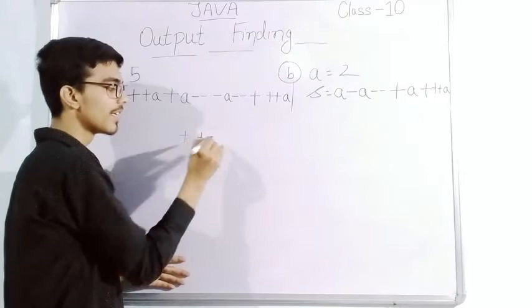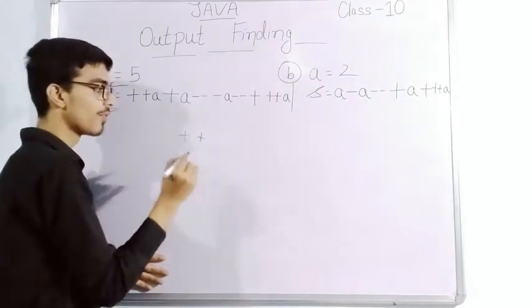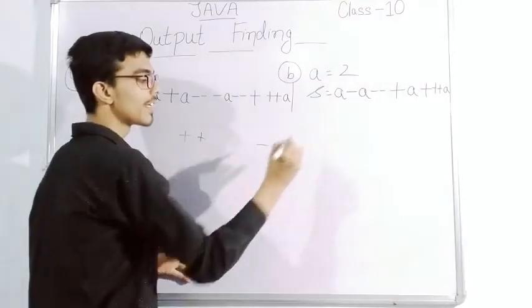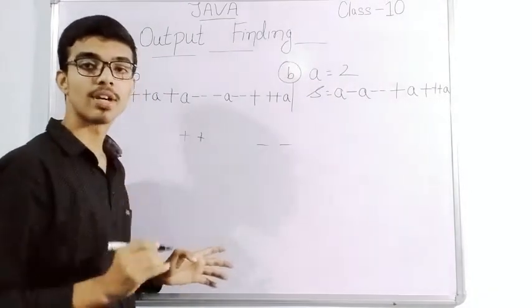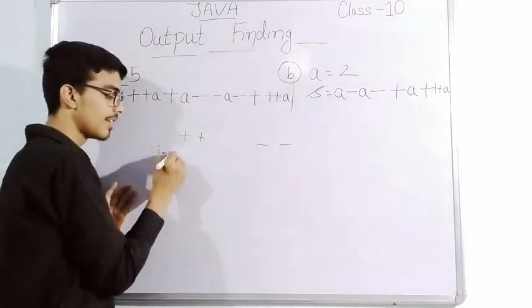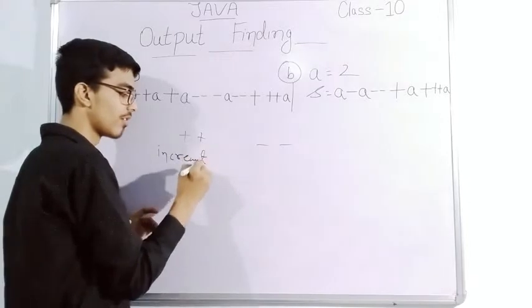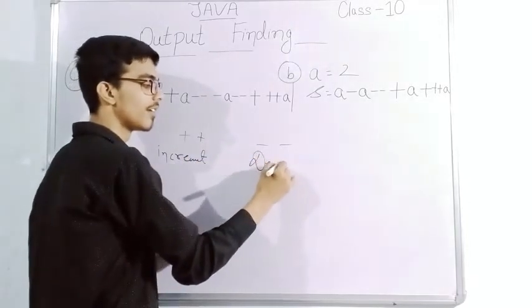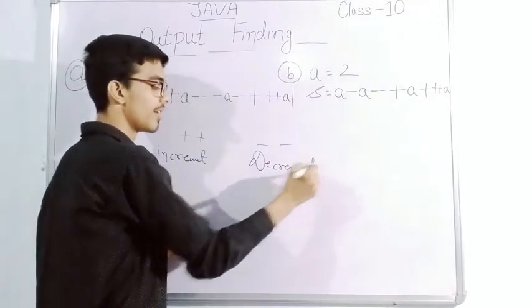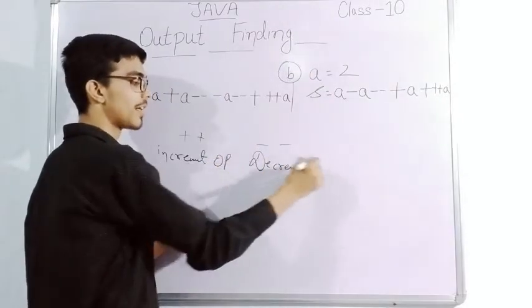Increment operator increases the value by 1 and decrement operator decreases the value by 1. So this is the increment and this is the decrement operator.